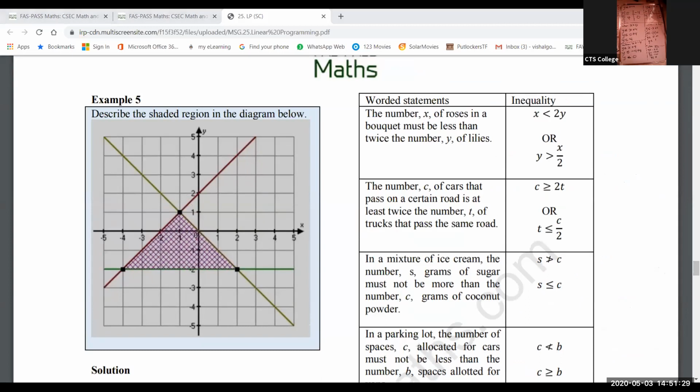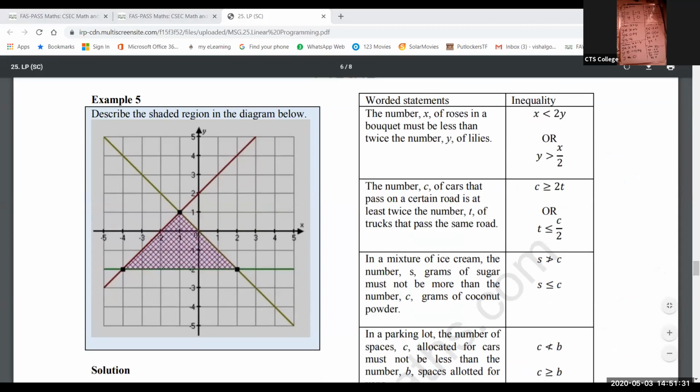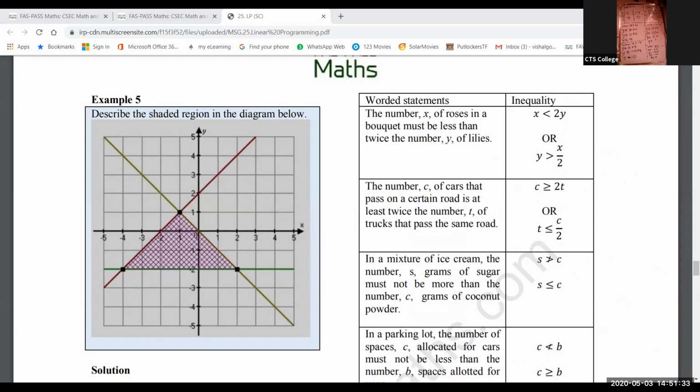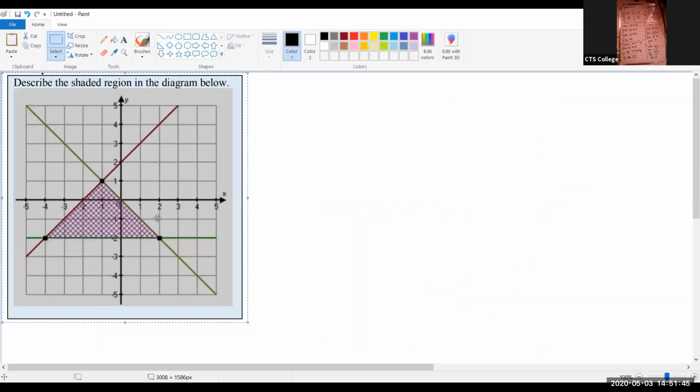Okay, let me transfer this information to Paint and we'll do it from scratch. Okay, the easiest one is this line here. Let me reconstruct the line so you all can see it better. Are you all seeing this green line here? Yes, sir. Right.